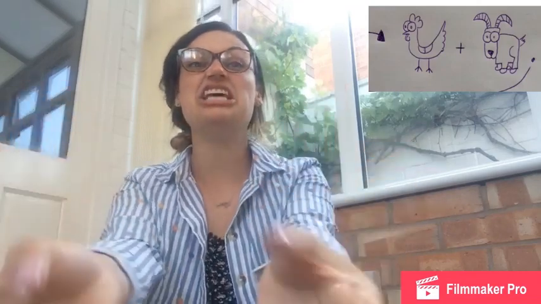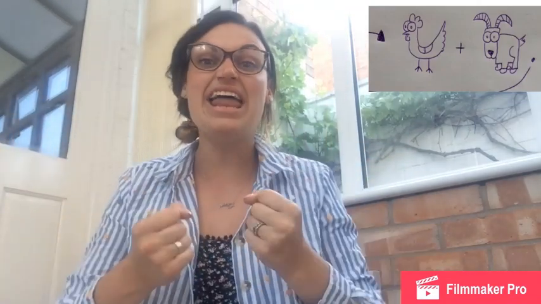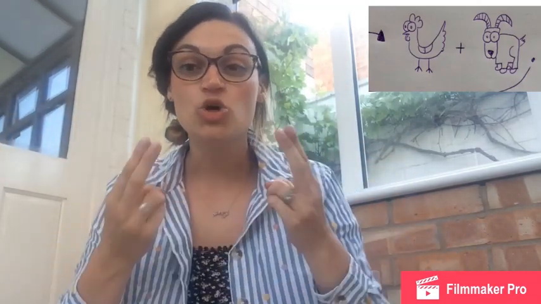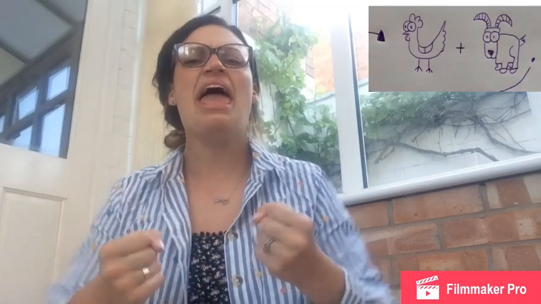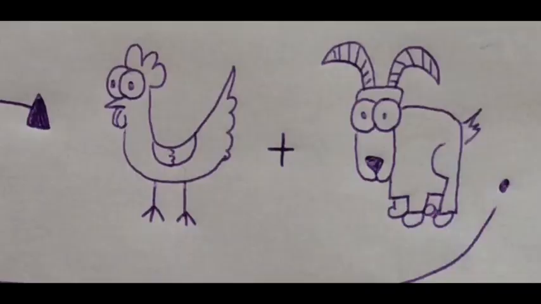So it says, take in your hen and your goat. Full stop. So let's try it together with our posh voice. Take in your hen and your goat. Have a go at home saying that one.